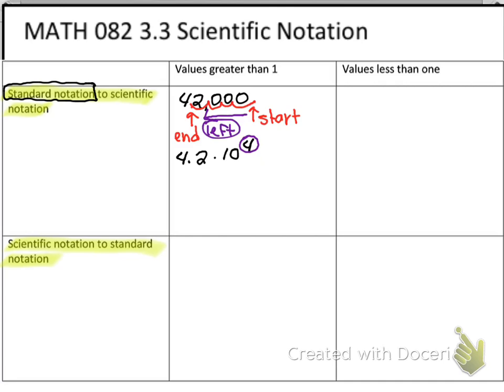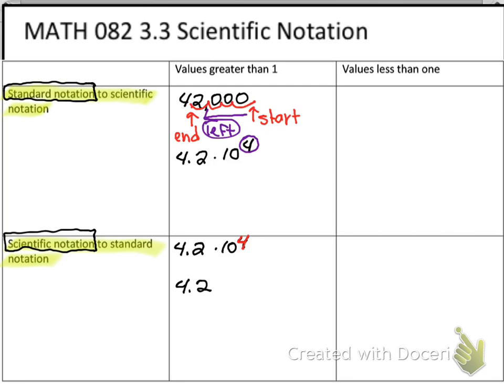Let's go backwards. Let's use the example 4.2 times 10 to the 4th power, and let's put it into standard notation. This time we're starting in scientific notation, and we're going to standard notation. If I take the number 4.2, the exponent 4 tells me that I need to move the decimal place 4 times. Am I moving it to the left or to the right?